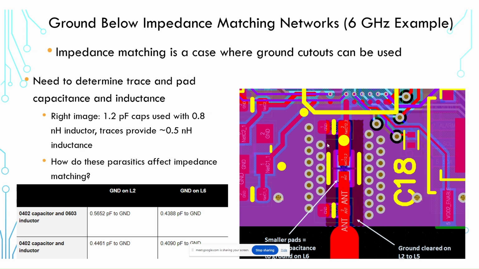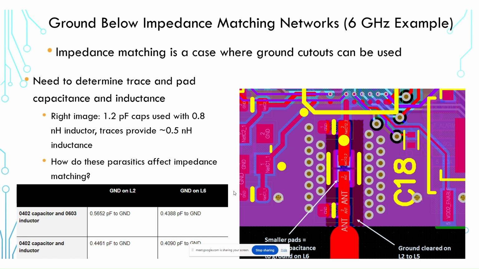On paper, this impedance matching circuit is designed to provide a perfect match between this RF interface and this antenna. But once you put it into the PCB layout, the ground creates additional parasitic capacitance and parasitic inductance. So the components in this impedance matching network perform as if they had different values than what you put into your schematic.